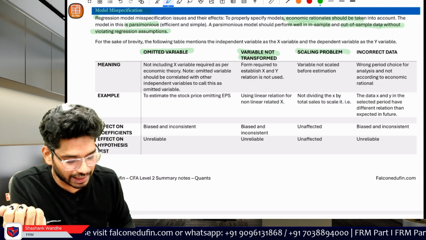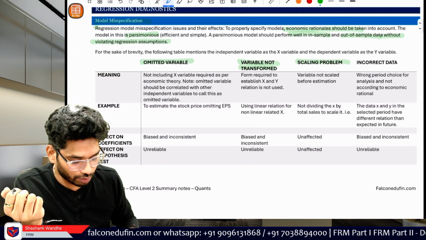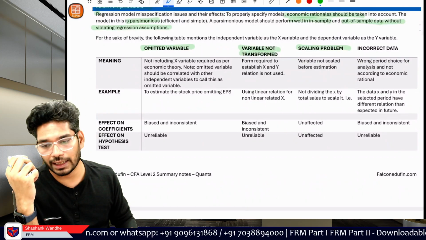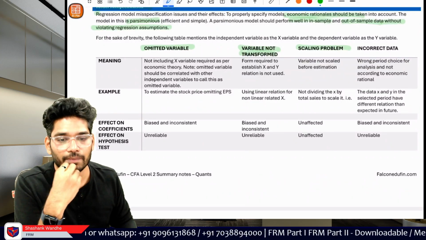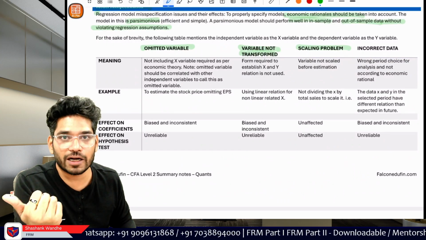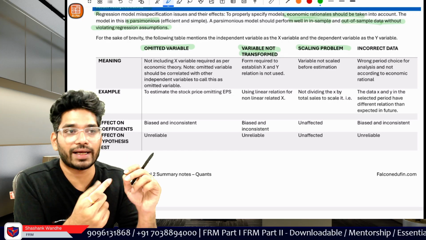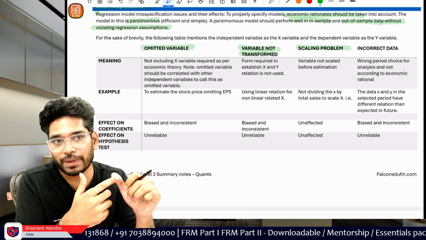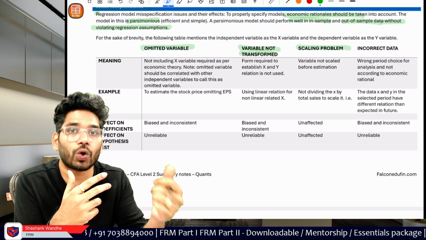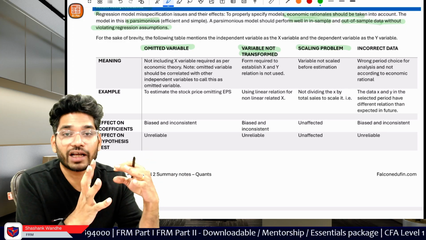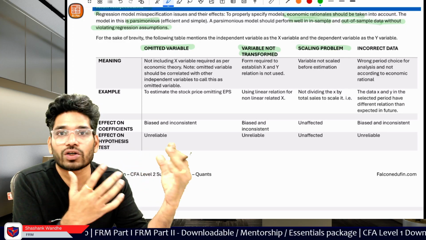Scaling problem. Scaling is required to specify the model properly, because if you consider, let's say again, the stock price example, where the stock prices are the dependent variable, and for that you are using independent variables, say one independent variable as the EPS, second as the dividend growth, and third as the trading volume. The trading volume can be in the lakhs or the millions.